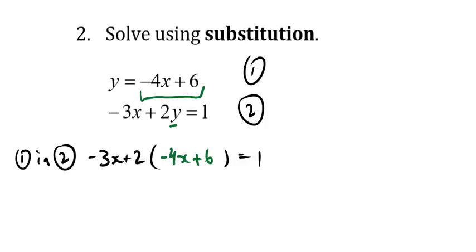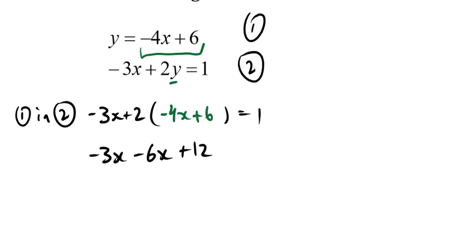And then this is like an equation that we reviewed yesterday. Negative 3x. 2 times negative 4 is negative 8x. 2 times 6 is plus 12. Negative 3 minus 8 is negative 11.